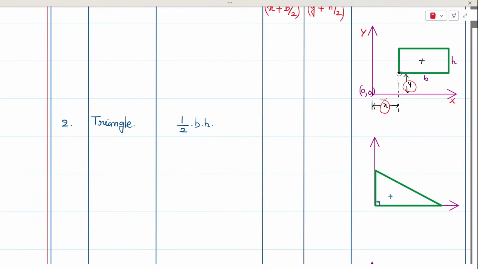If the right angle edge of the triangle is coincident with the origin, then the location of the centroid will be at a distance of, let's say this is b and this is h, b by 3, that is 1/3 of base, and for height it would be 1/3 of h if you are going from the right angle edge.